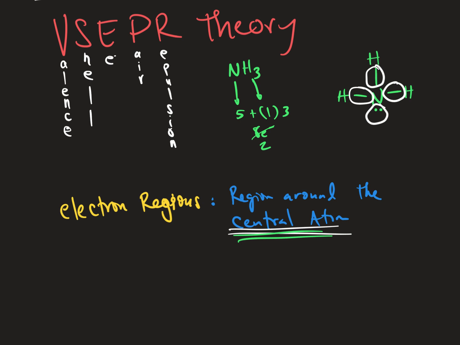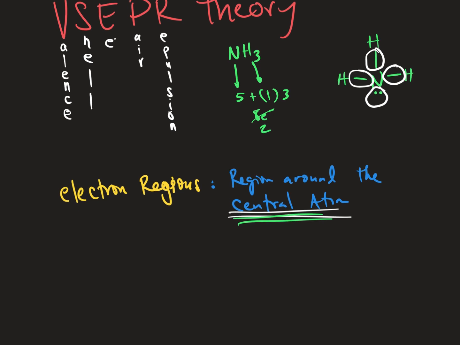And for this part, we're only going to deal with 4 regions. 4, 3, 2, I guess, or 1, but mostly 2, 3, and 4. Good? There are more than that, but if you want more, you take organic chemistry or a higher chemistry. So, yeah. So does everybody understand what electron regions are? Okay.